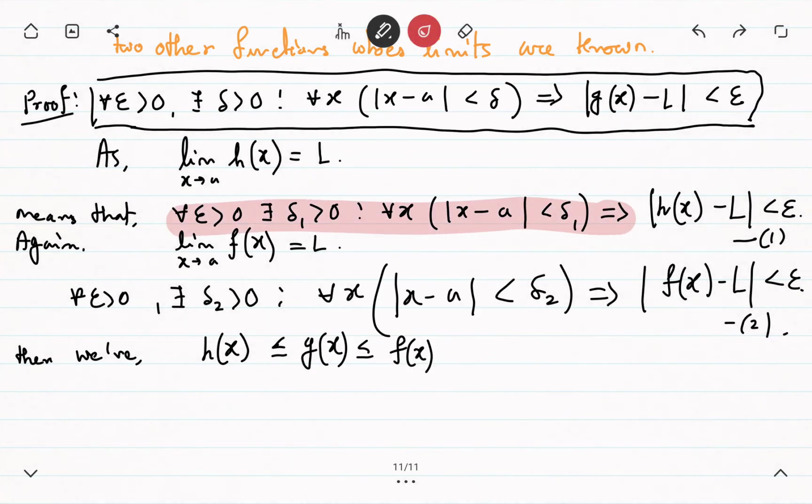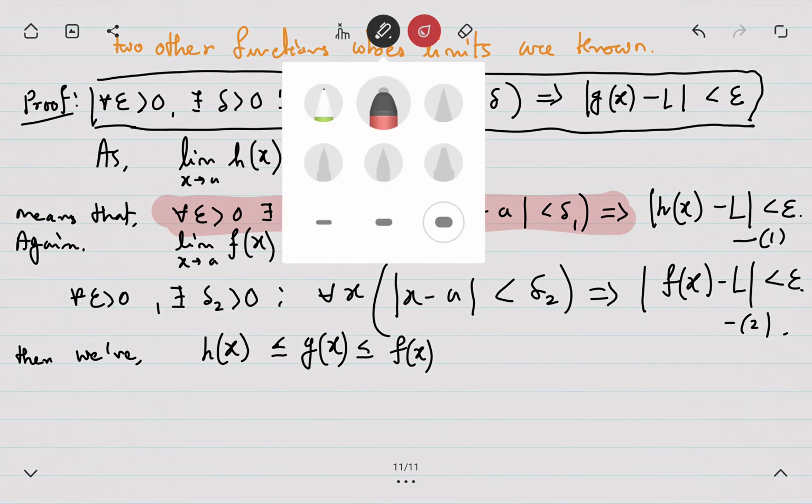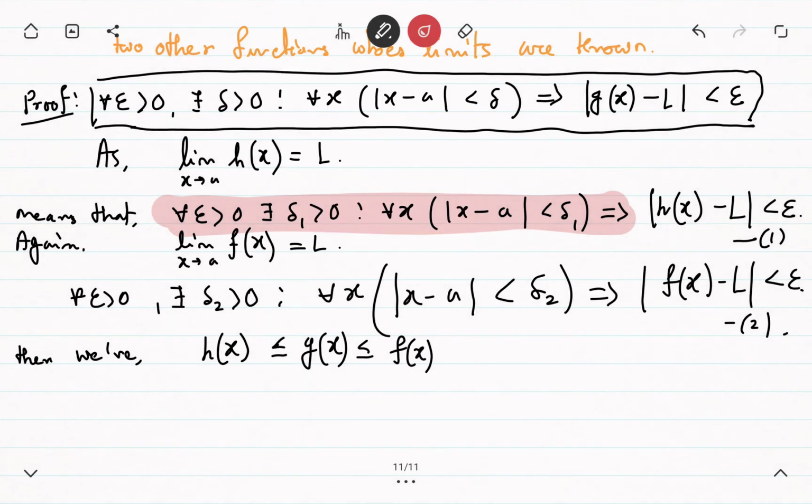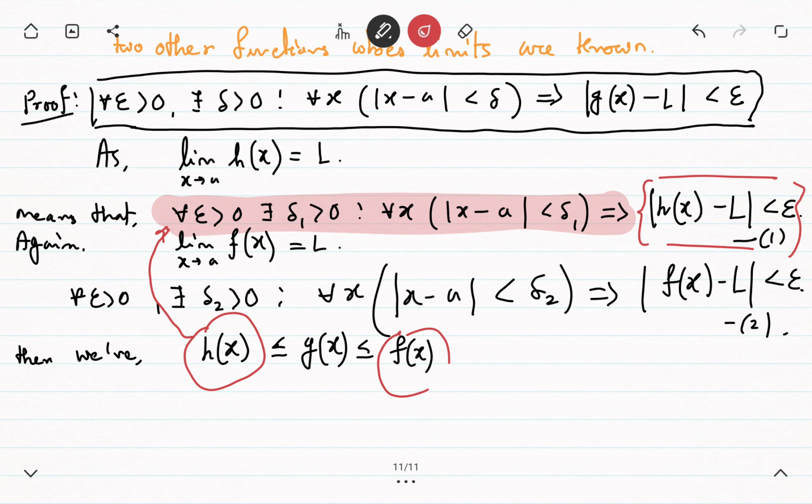So we can easily write this for h of x, and the same definition and argument for f of x.